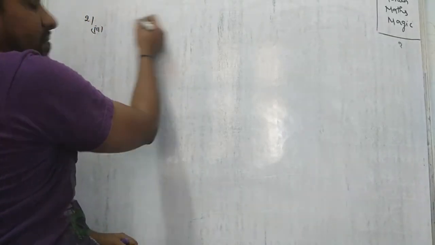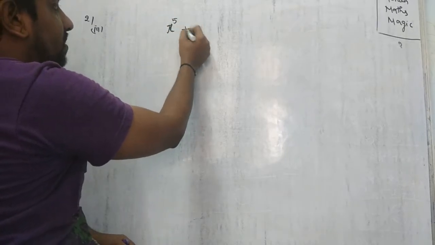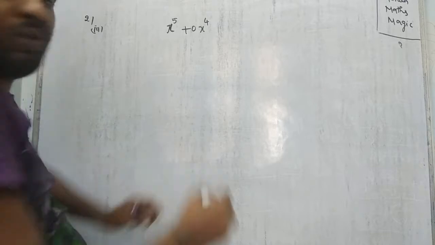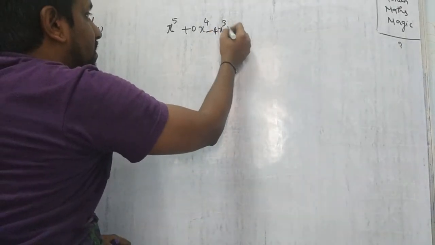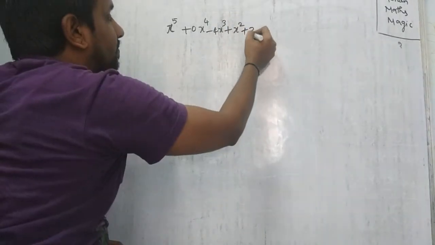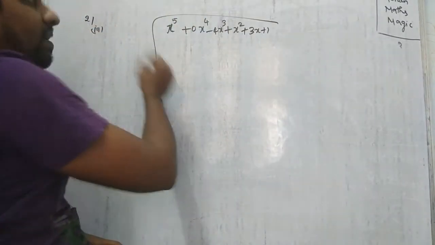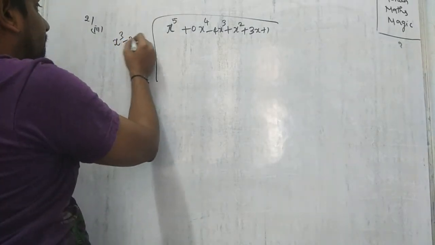Second Roman, third sum. That is x power 5, x power 4 term is not there, so 0x to the power 4, minus 4x cube plus x square plus 3x plus 1, divided by x cube minus 3x plus 1.